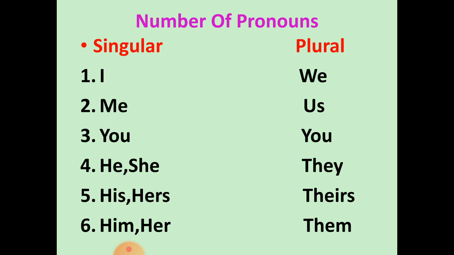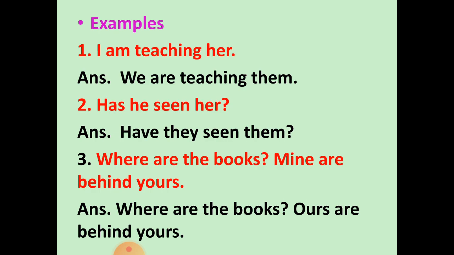So let's see some examples, there you can understand in a better way. First example is I am teaching her. So here the pronouns are I and her. I will become we, and when we change the subject, the verb also changes. So the answer will be we are teaching her; plural of her is them.